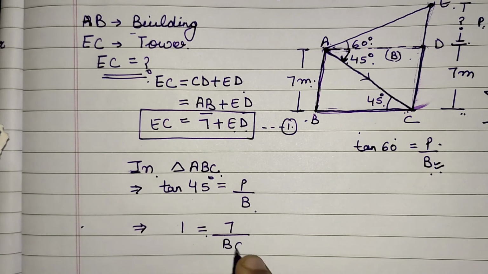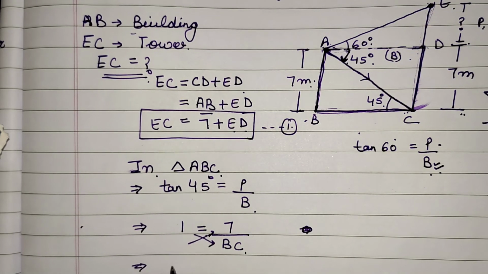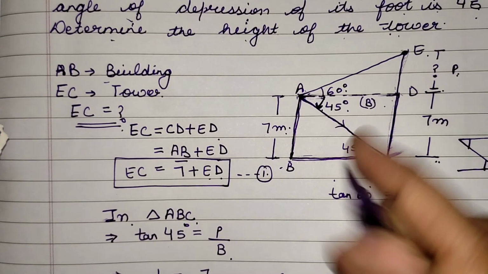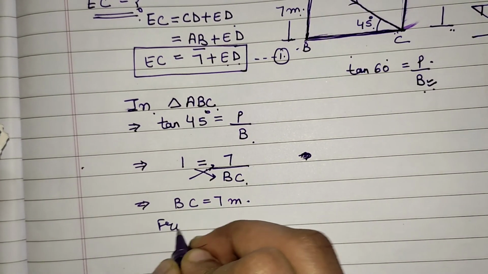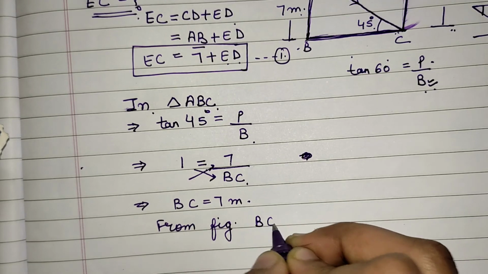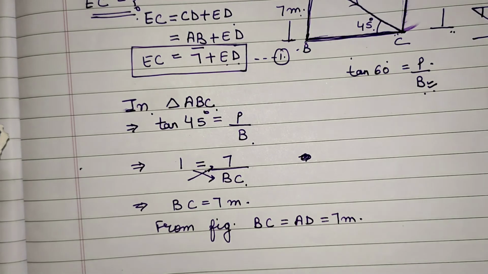Base is my BC. So if I will do cross multiplication, then I will get that BC is equal to 7 meter, right? So BC, from the figure you can see that BC and AD are equal. So you can write down that from the figure BC is equal to AD is equal to 7 meter.